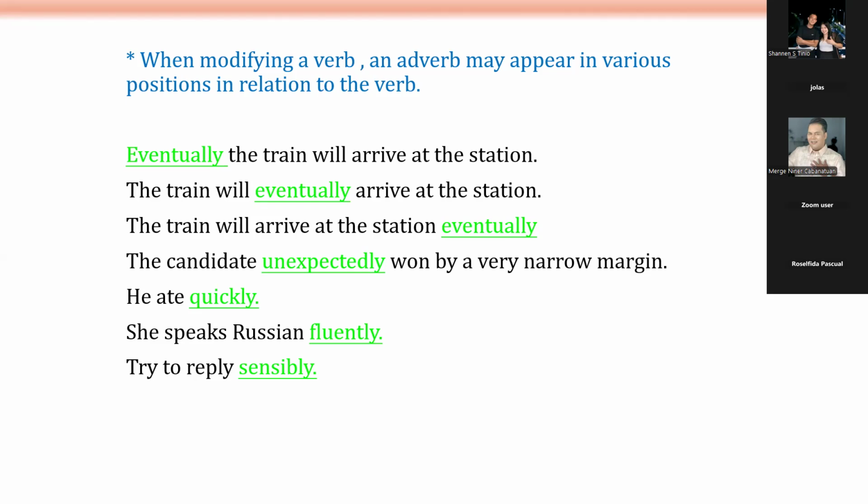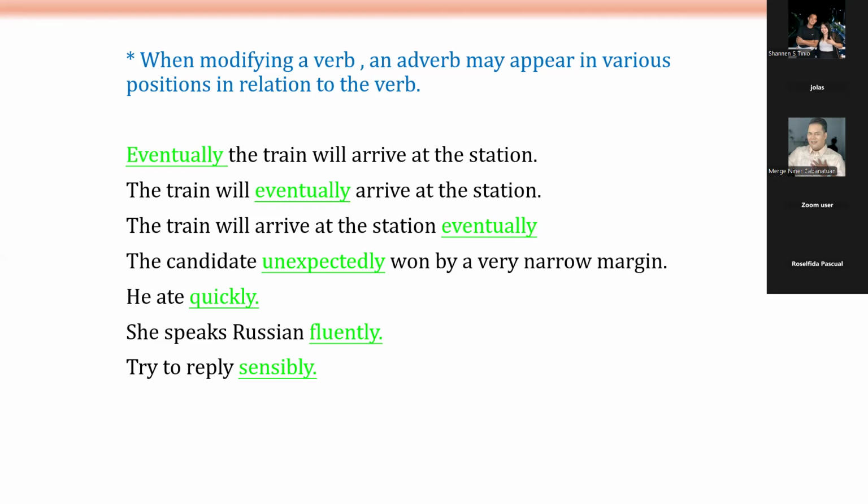The candidate unexpectedly won by a very narrow margin. How did the candidate win? Unexpectedly. He ate quickly. How did he eat? Quickly. She speaks Russian fluently. Okay? You can delete the adverb fluently and you can just say she speaks Russian.